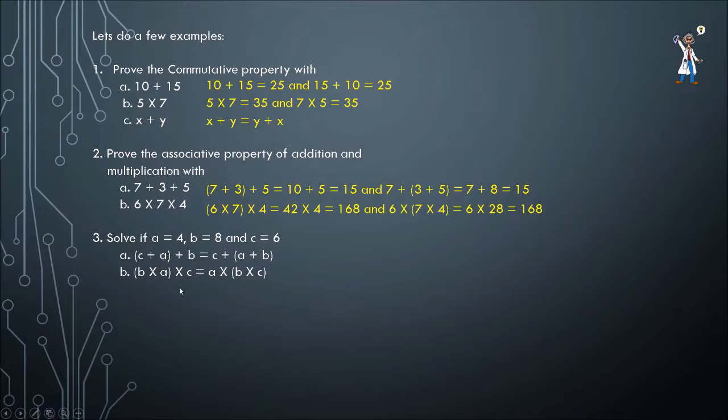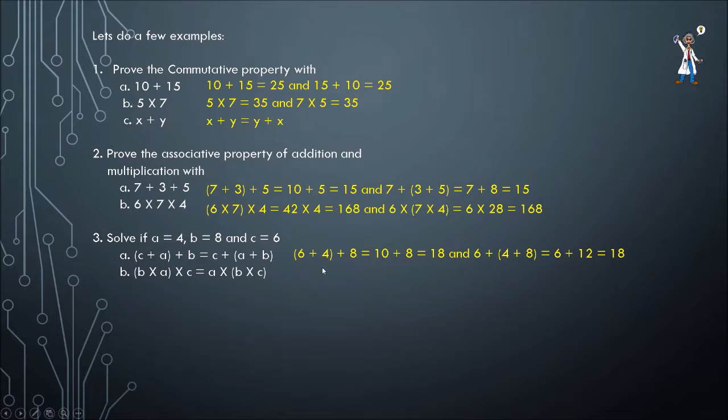Here's another question. Solve this by replacing A with 4, B with 8, and C with 6. Well, there we go. C is 6, A is 4, and B is 8.